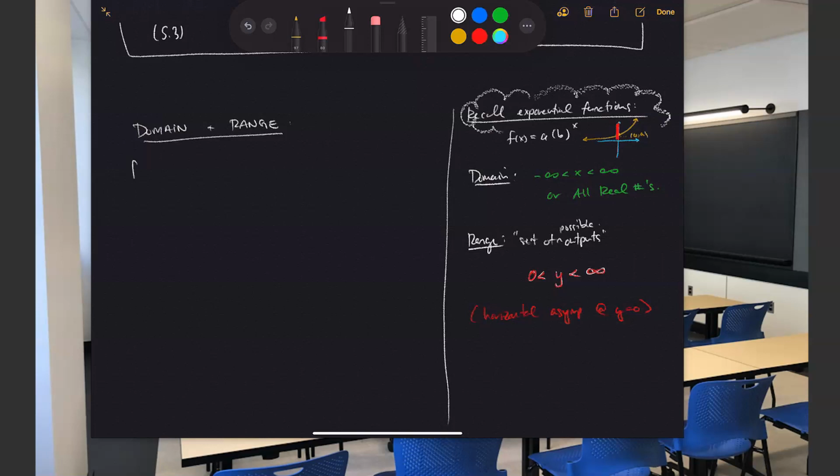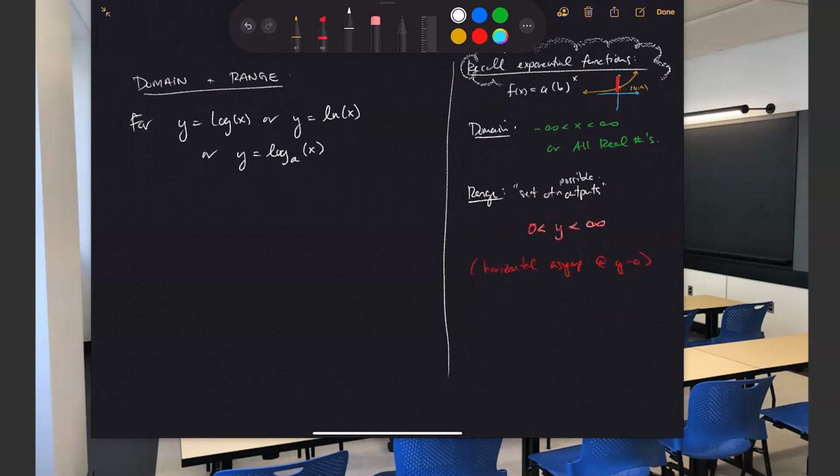So for y equals log x, or y equals natural log of x, or really, we can have this for any base a, these properties will hold up. We'll try to keep it general. The domain, the possible inputs, what's allowed here to go into this function?